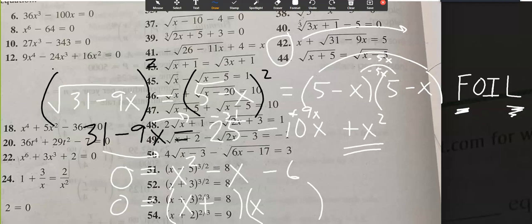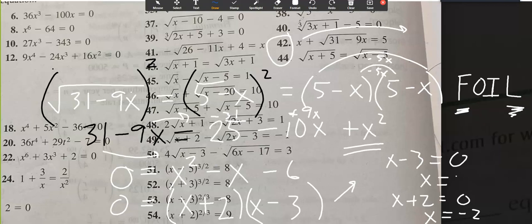Obviously, that must mean one is positive and one is negative. They have to multiply together to give me negative 6, but they have to add up to negative 1. It'd be positive 2 and negative 3. Perfect. Remember, now we need to set the factors equal to 0 and solve them. It won't be that hard to solve. We should get negative 2 and positive 3.